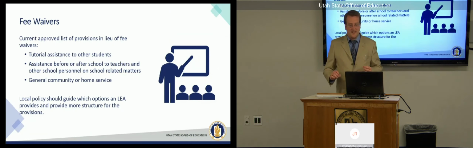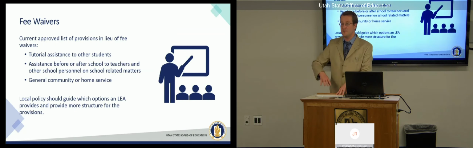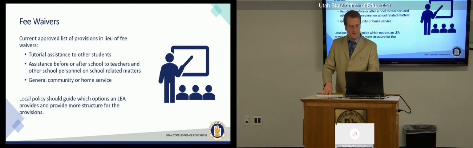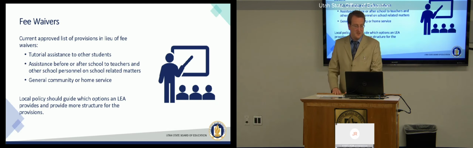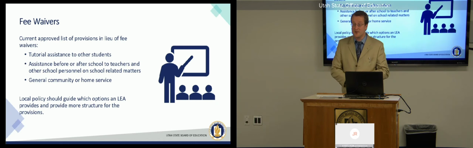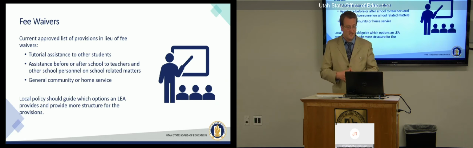Now, one of the things that some schools have looked into, instead of using fee waivers for these other category fee waiver students, is provisions in lieu of fee waiver, or service opportunities. Now, the rules give a few options for this. They can be providing tutorial assistance, assistance before or after school at the school, or general community or home service.